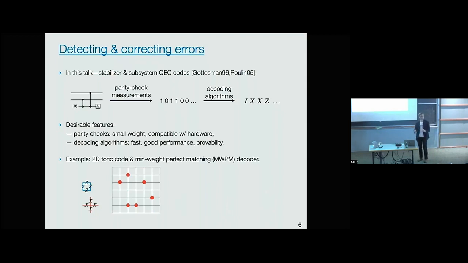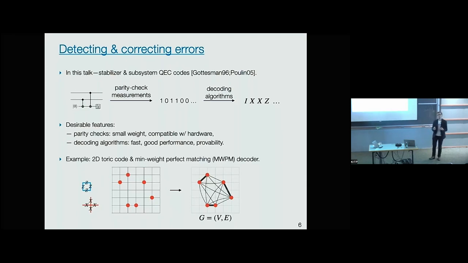I don't know what string-like Z errors happen in the system, but what I do know is their endpoints. So now the decoding problem can be viewed as: I have some collection of points and I need to pair them up. I need to find a way to pair them up, and this will tell me what Pauli correction I need to implement.